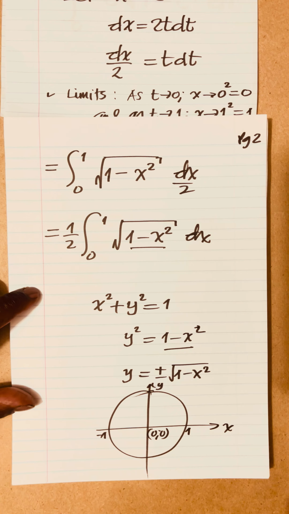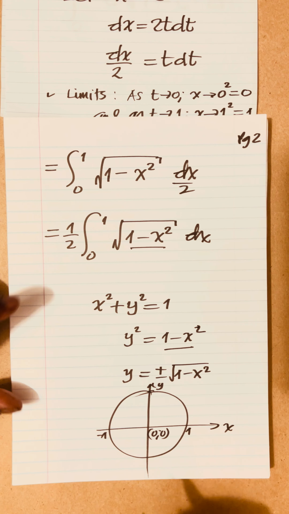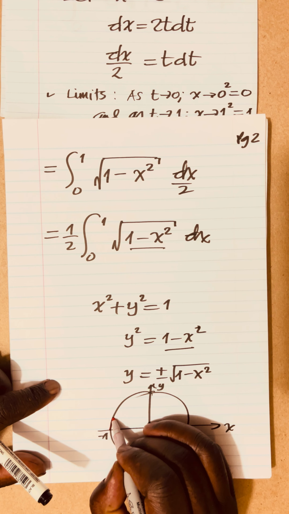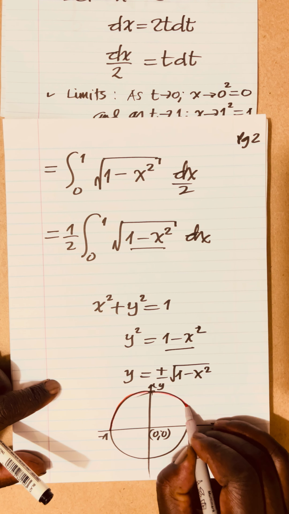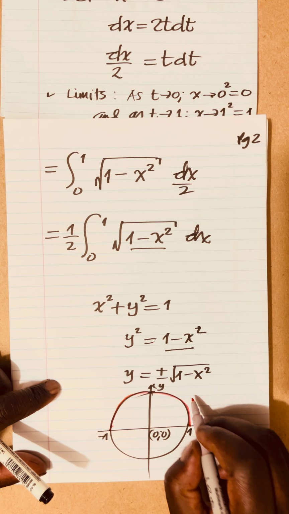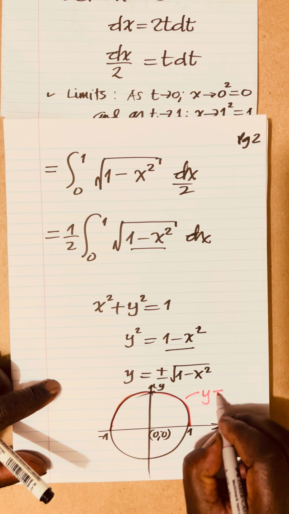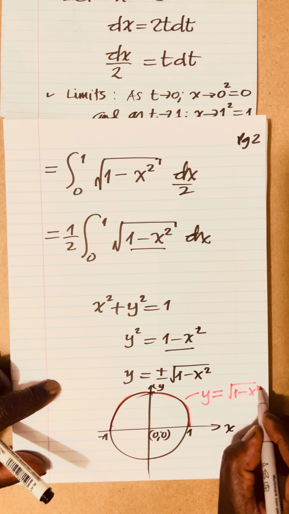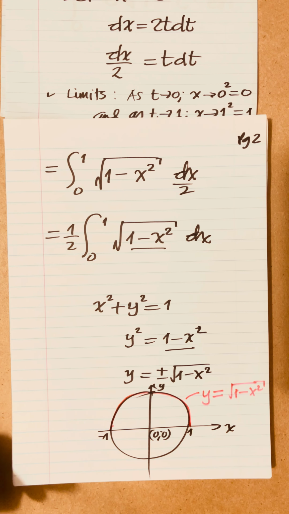Now, understand something. The plus sign is for the upper part. If you allow me to use a different marker here, maybe a red one, we are saying that top part there is represented by y is equal to positive square root of 1 minus x squared. The bottom part will be the minus.